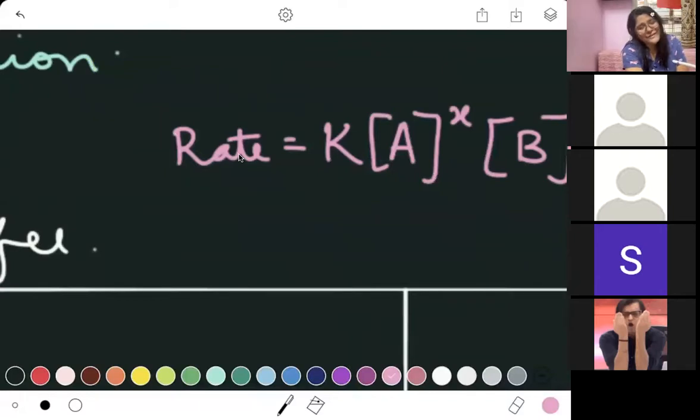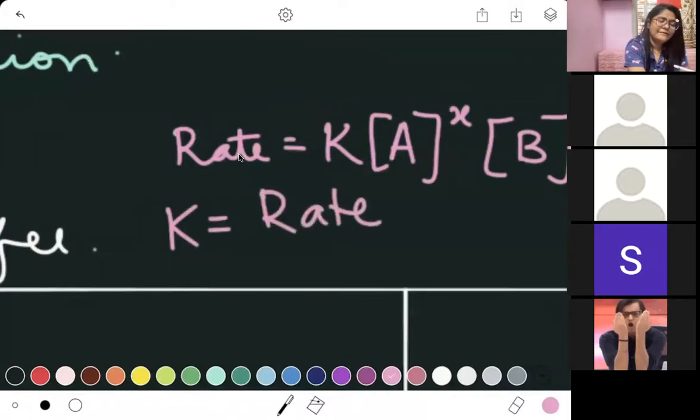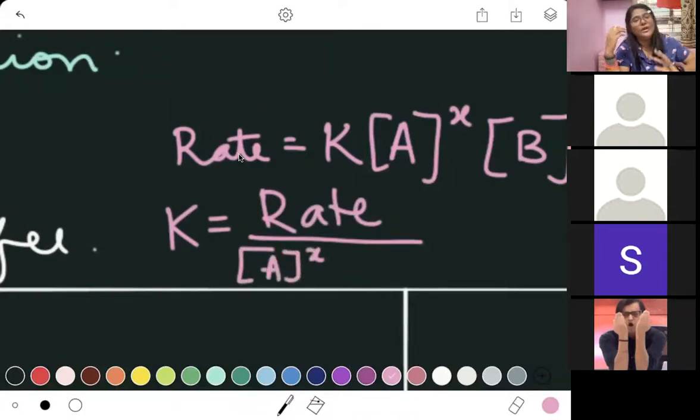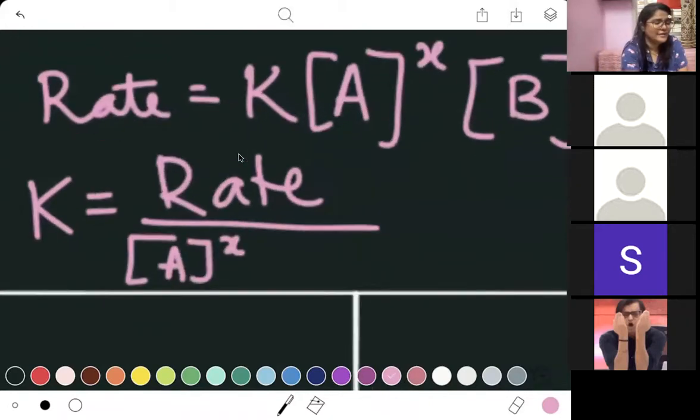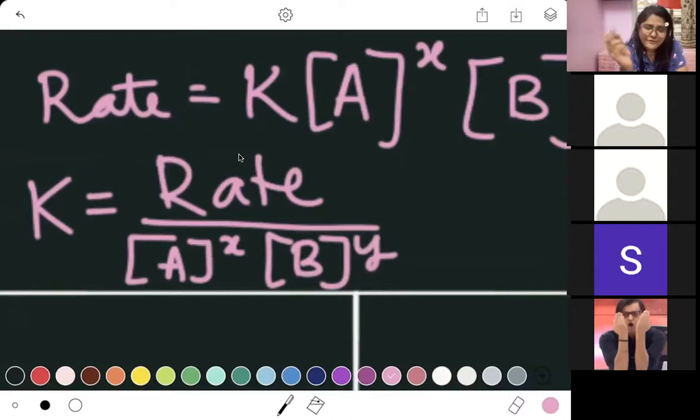If I reshuffle this, I can write it as K is equal to rate divided by molar concentration of A raised to its stoichiometric coefficient, molar concentration of B raised to its stoichiometric coefficient.